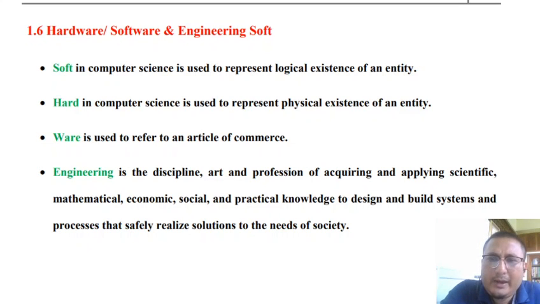Once you acquire knowledge, you need to apply certain principles that are scientific in nature. Why scientific? Because it has to have certain organization. You should know what to do when, or what to place where. So it has to abide by certain scientific principles and certain mathematical models.